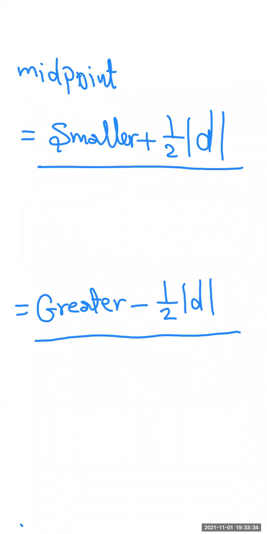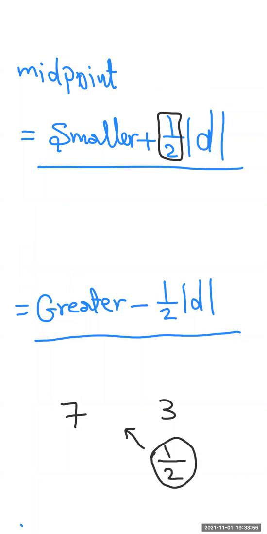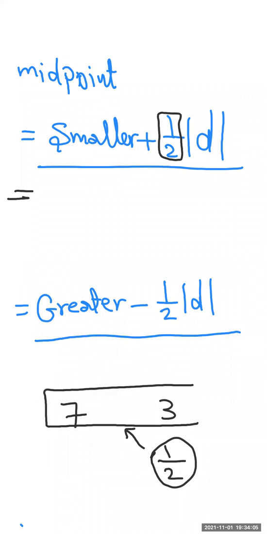So now listen to that simple example. I want to get the number in the middle distance between 7 and 3. Okay. 1 second, guys. Here, I want to tell you about something. Here we wrote 1 over 2 in the rule because we want to get the number at half the distance between 7 and 3. So now I will go for the smaller one first. Which one is the smaller number here, 3 or 7? Of course, the 3.